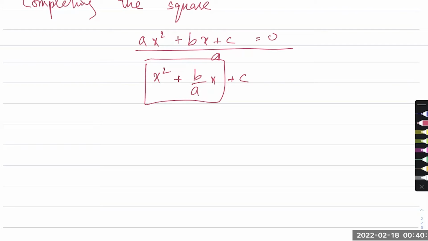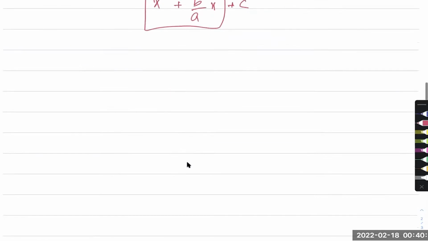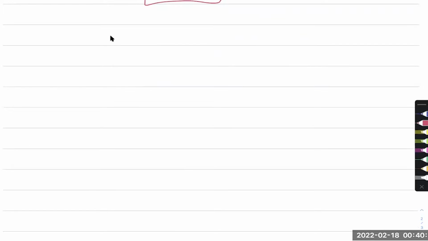Okay, so here's the idea. We call it completing the square because it's literally completing the square. So you have ax squared plus bx plus c. Can I say that this one is ax times x, and this one is b times x, and this is c times 1? I can, right?